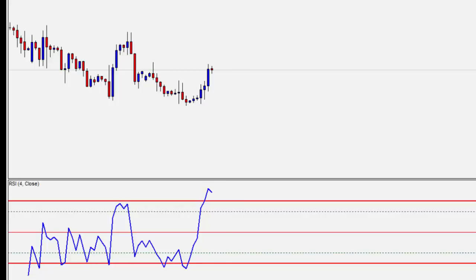Now we want to see some better waves coming through. Let's have a look. All right, so that's basically the start of the first wave. And that wave wasn't strong enough to justify a signal, so we're just ignoring that.